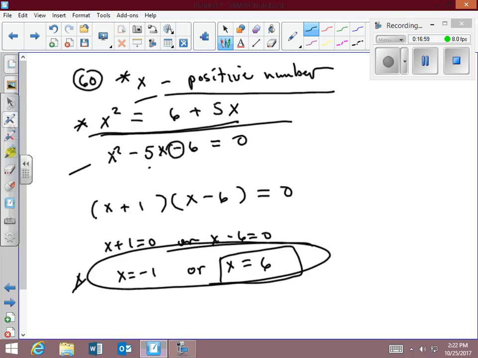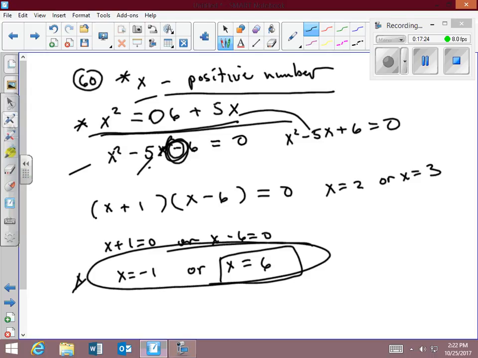I would not have known that you made the mistake of transposing this from a positive on that side to a positive on this side. I would take 1 point off if you had gone x squared minus 5x plus 6 equals 0, rather than doing this, and then got down to x equals 2 or x equals 3 as a solution.